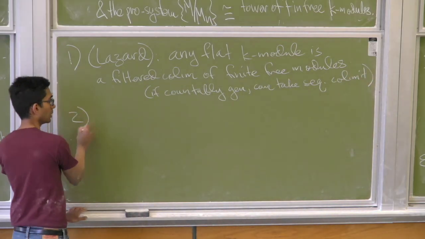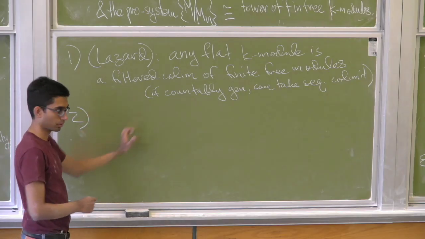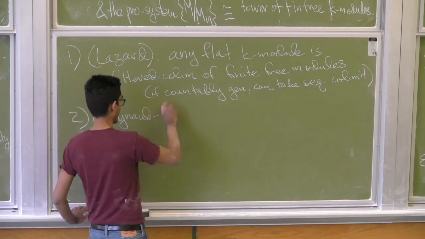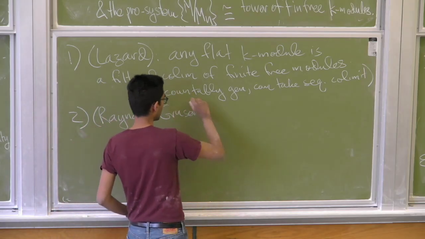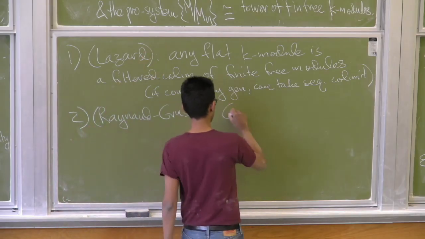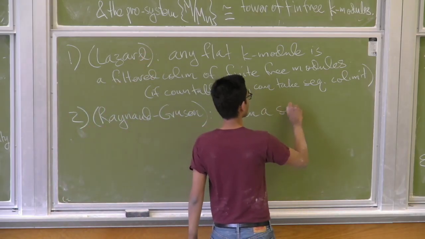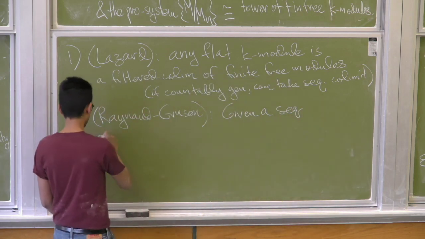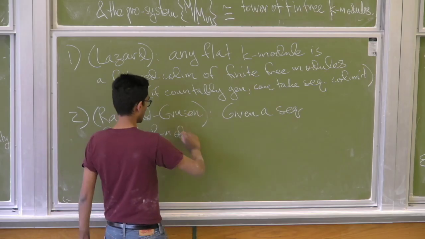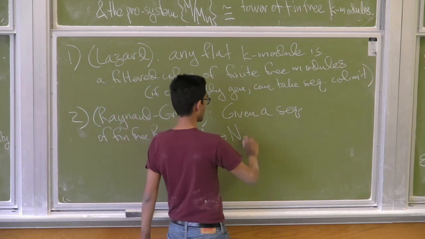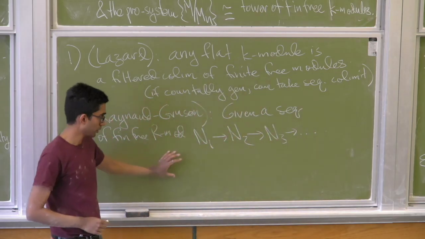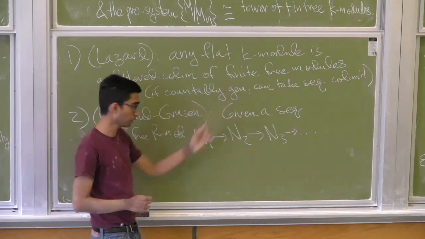And two, now this is the theorem of Raynaud and Gruson. They actually prove something more general, but let's just say it in the countable case. So given a sequence of finite free modules M1, M2, M3, and so on, then you can form the colimit, and the colimit is some flat module.